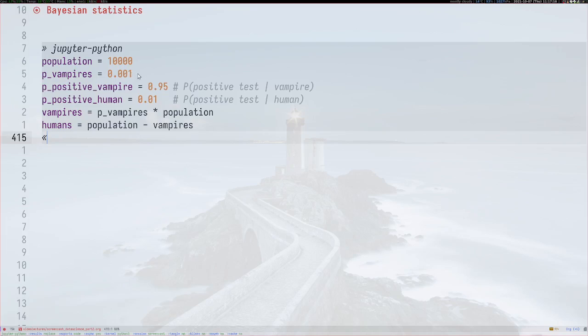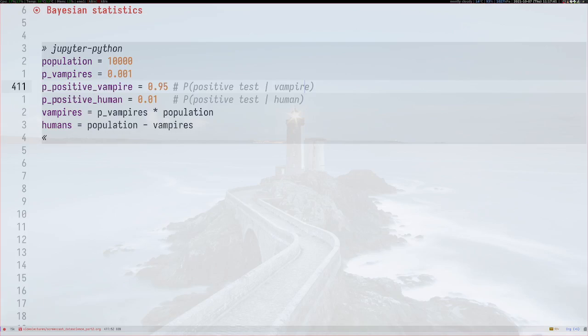Now, a test has been developed which can test whether somebody is a vampire or not. The probability that this test is positive, given that you're testing it on a vampire, is 95%, so it's pretty accurate.